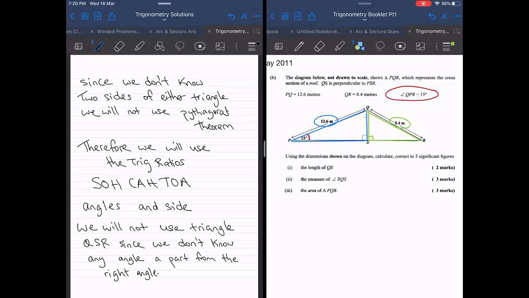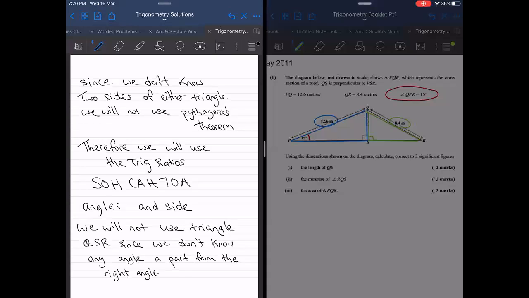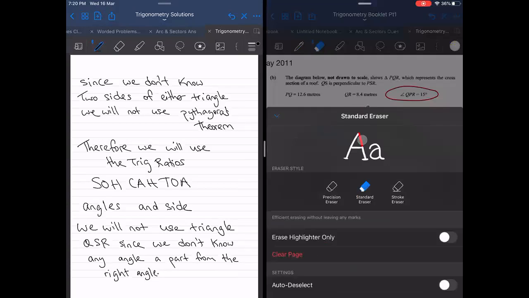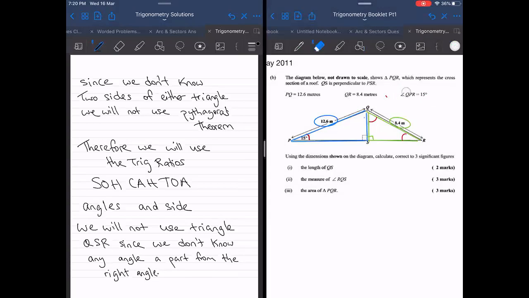So to do the trig ratio, you can't use the right angle. So it has to be one out of the two. So what do I mean by that, guys? I don't know this and I don't know that. All right, so because I don't know either of those two, I am not going to use the green triangle. Again, guys, I'm trying to walk you through how you can know for yourself in the exam what you're supposed to do.